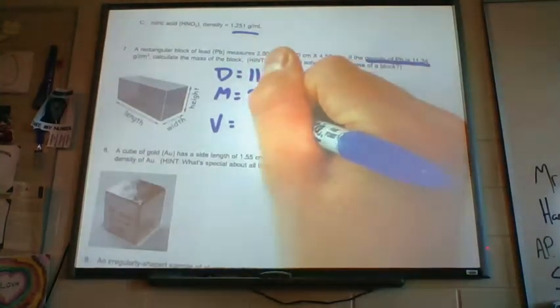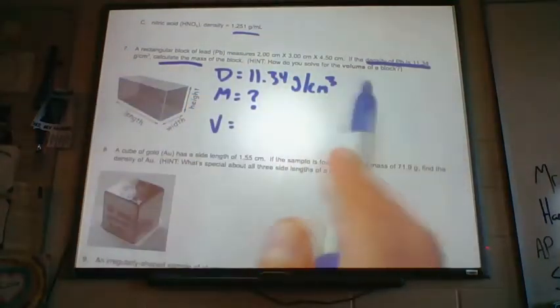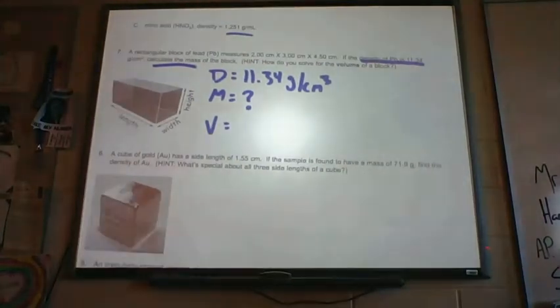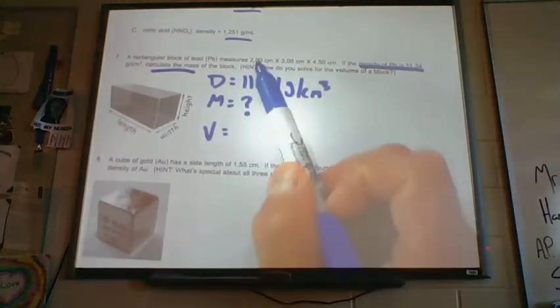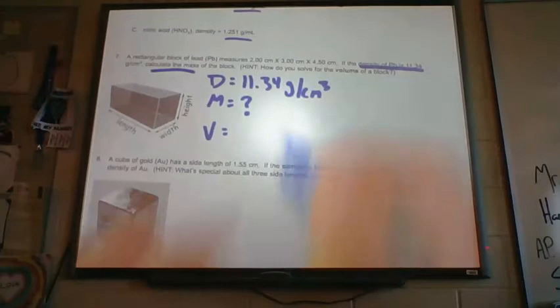The question is, calculate the mass. And if you read through this, it doesn't directly give you volume, but it does tell you that it's a rectangular block. It's 2 by 3 by 4.5 centimeters.